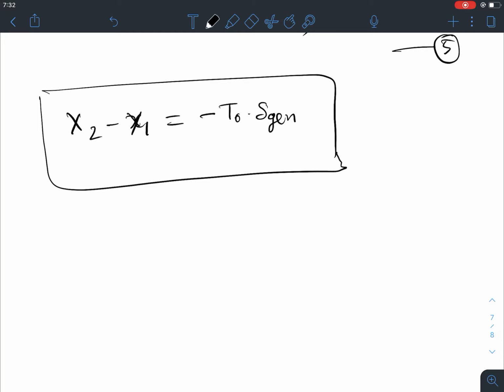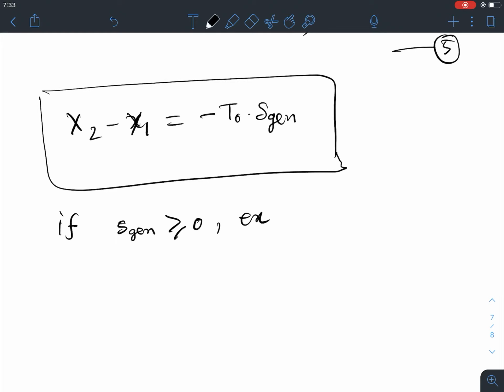So what are we learning from this expression? It is telling us that if the entropy generation of that system is greater than or equal to 0, that means this negative number is going up, right?